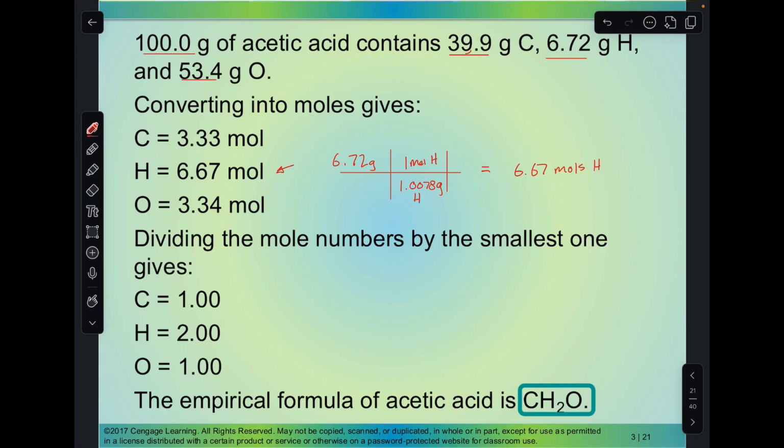And so this was exactly what was done with each of these, and then we end up getting the number of moles of each element. And then we will divide each mole by the smallest one. So that's going to be this one. And keep in mind that 3.33 and 3.34 are so similar that we can consider them to be pretty much the same number. You might have to round if you want to get a completely round number like this, which is totally fine to do.